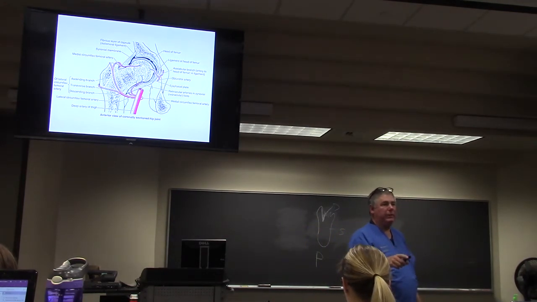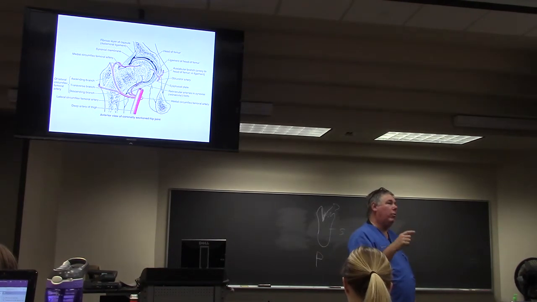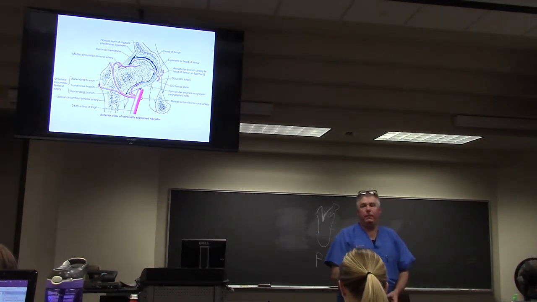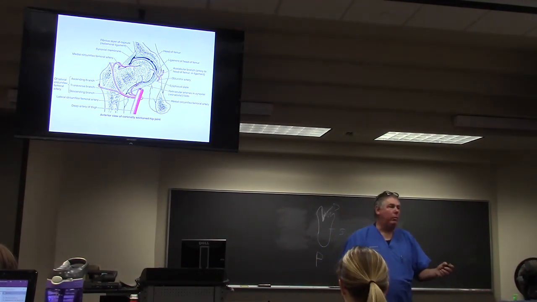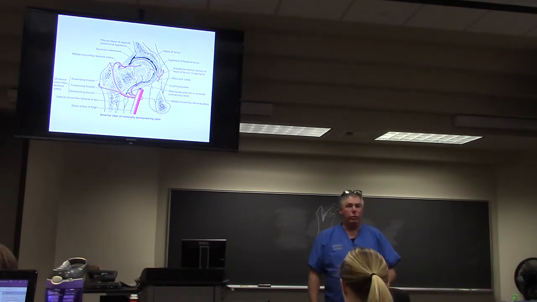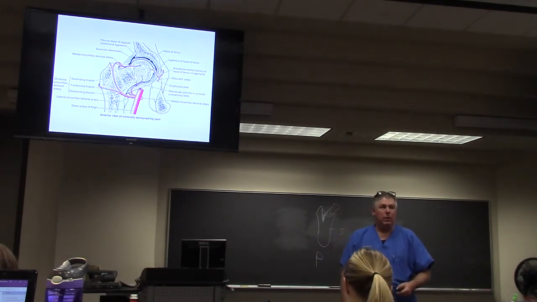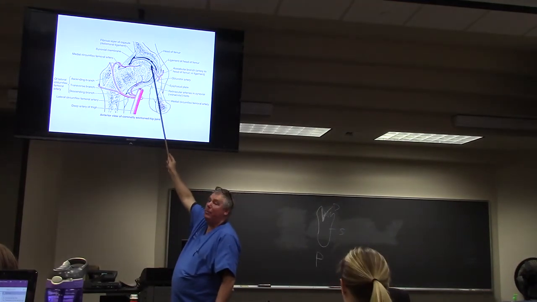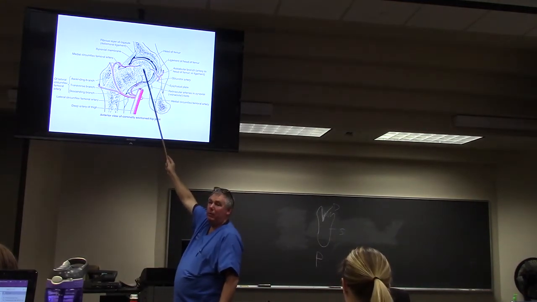I'll show you a picture in just a second. The artery runs inside that ligament of the head of the femur, which is also called the round ligament. So that artery supplies the very tip of the head of the femur.